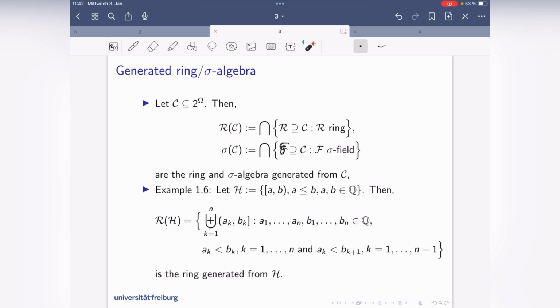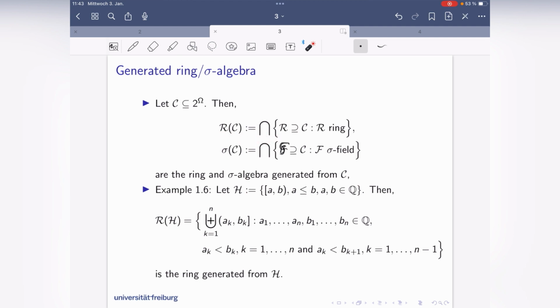So that's quite abstract. Let's have one example. C could be, for example, the set of all intervals, semi-open, semi-closed, A and B again in Q maybe. And I can ask myself, what's this ring then? How can I describe this?